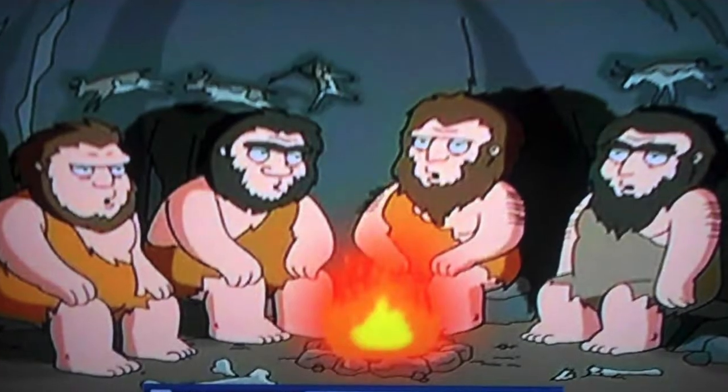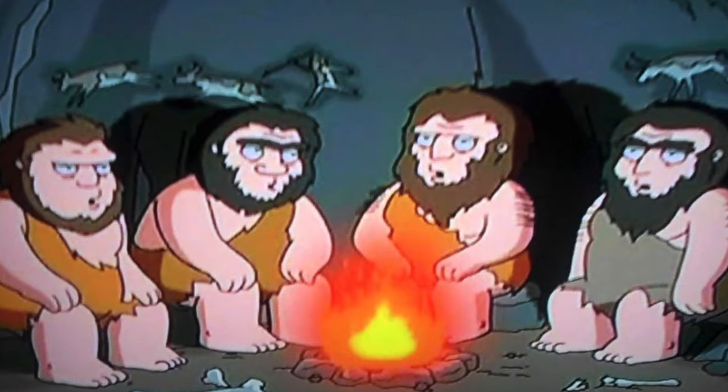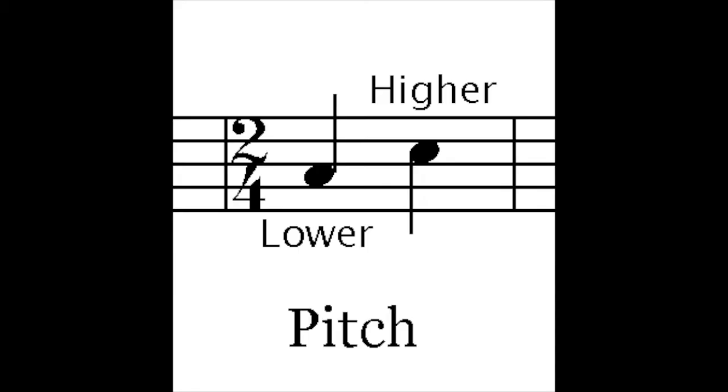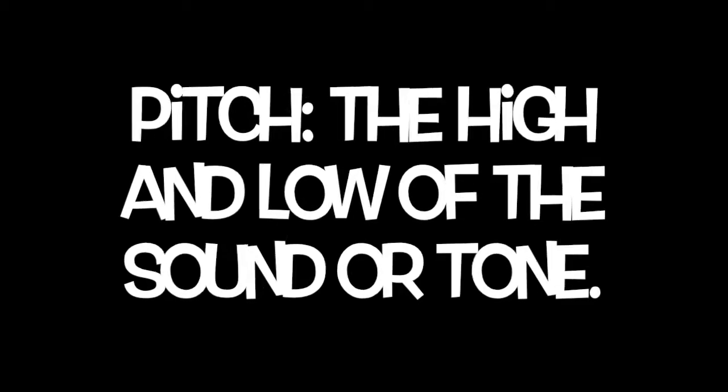They noticed that tones could go high and tones could go low. We call this pitch. Pitch is the high and the low of tones. So another ingredient of music is pitch, and pitch is the high and low of the sound or tone.